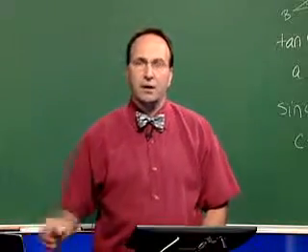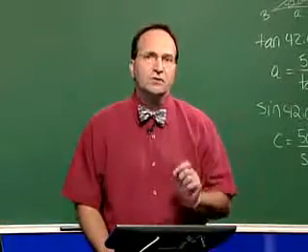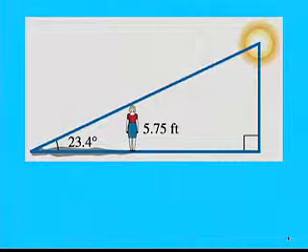Let's take a look at a drawing from the book that shows Diane Carr along with the sun. Diane, of course, is 5.75 feet tall. You can see that we've cast her shadow right along here, and the angle of elevation up to the sun from the ground is 23.4 degrees.